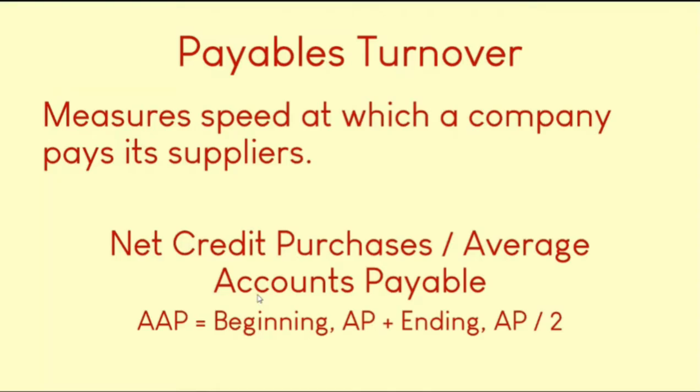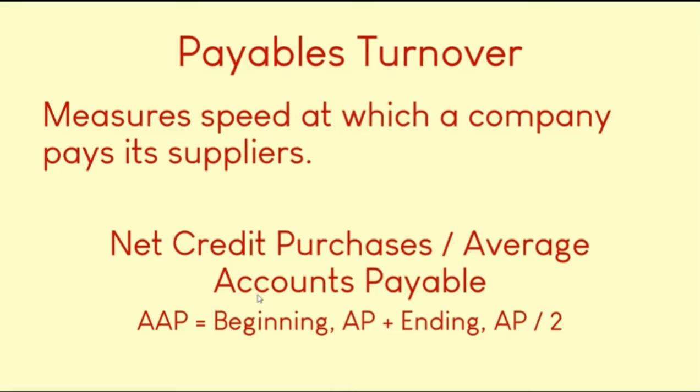That means the credit purchases, the purchases, returns, and allowances, and the purchase discounts. So please remember that with the same principle as the receivables turnover, it's important that the purchases, returns, and allowances and the purchases discounts are just related to the credit purchases.